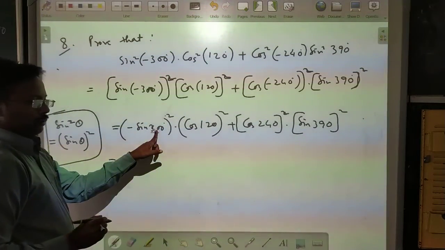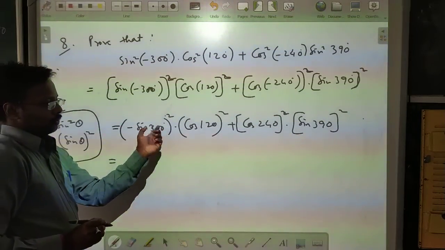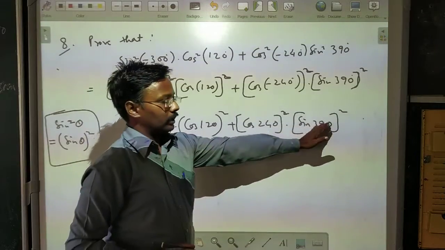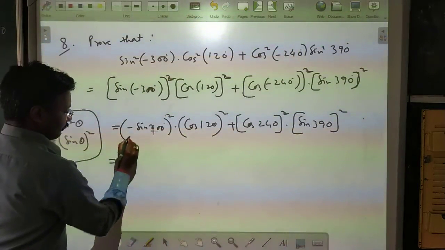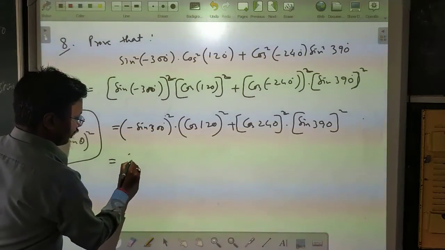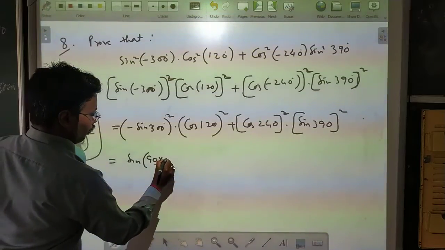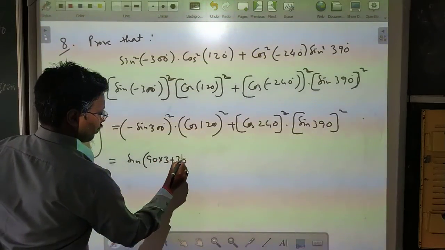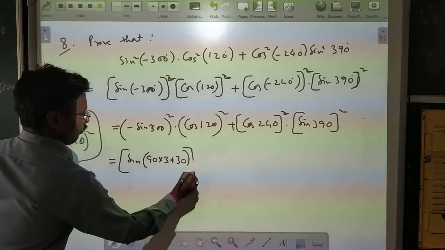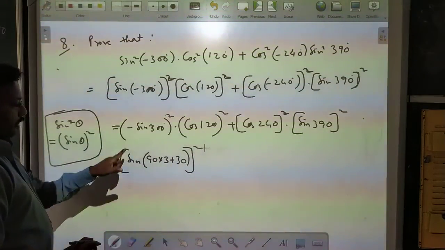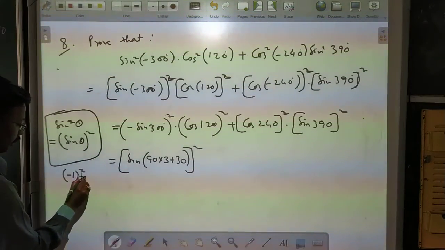At the same time this angle can be reduced. It can be written as 90 into n plus theta. So the angles which are greater than 90 degree can be reduced to the standard angles. Here you can write sine 90 into 3 plus 30, this minus sign is not needed because minus 1 square is plus 1.